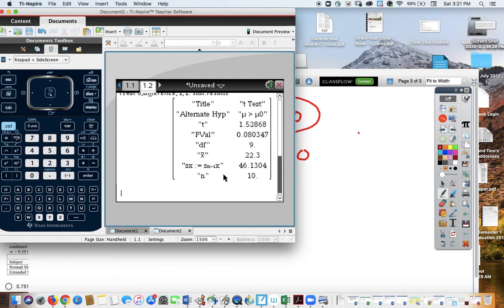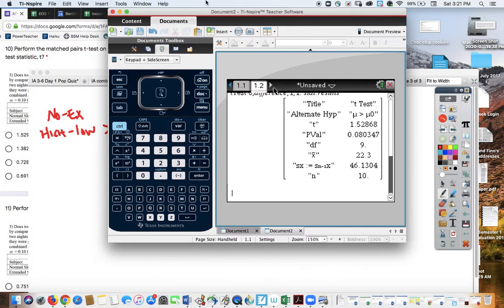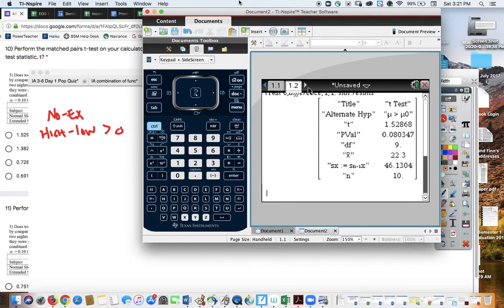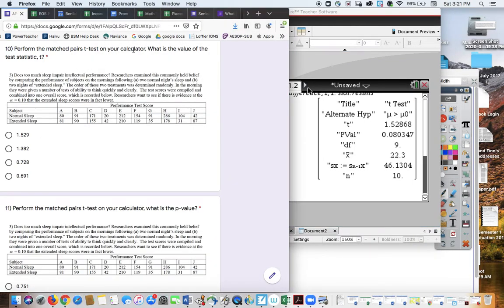Hit OK. And the question was asking for the value of the test statistic. So the test statistic was 1.52868. So that would be 1.529.